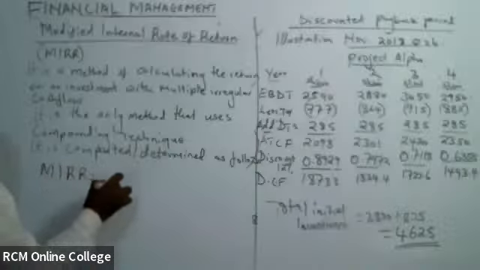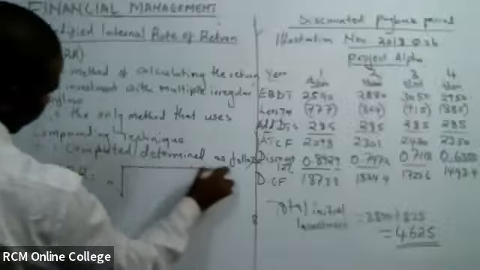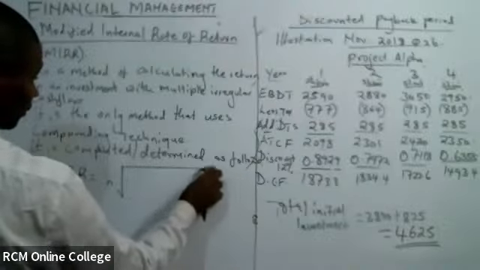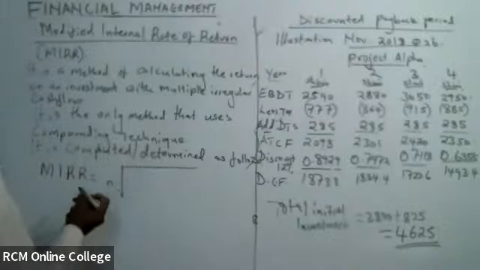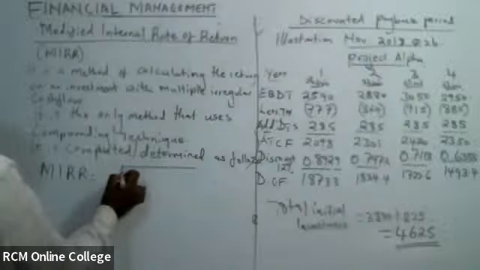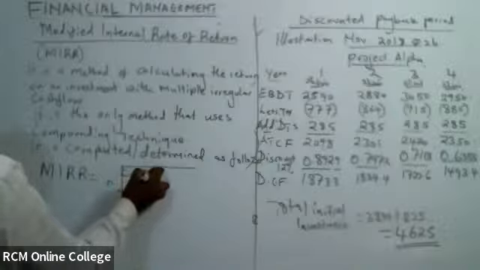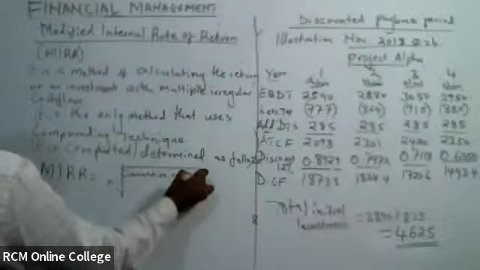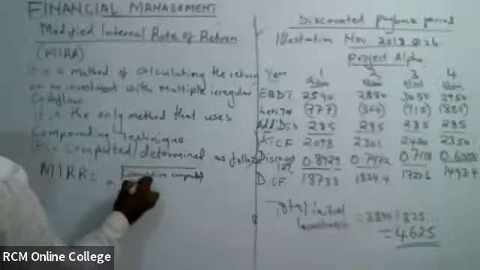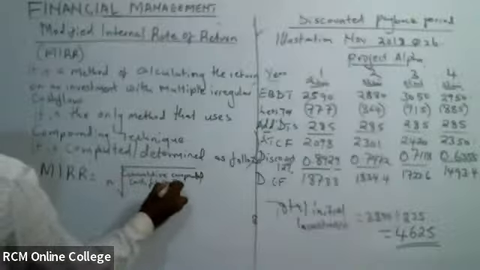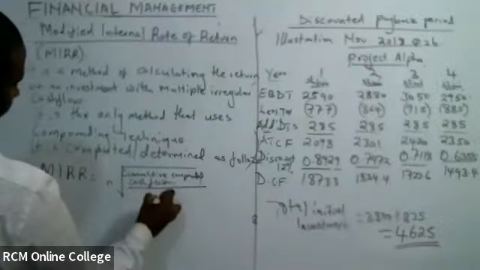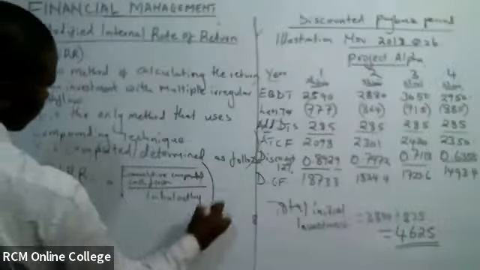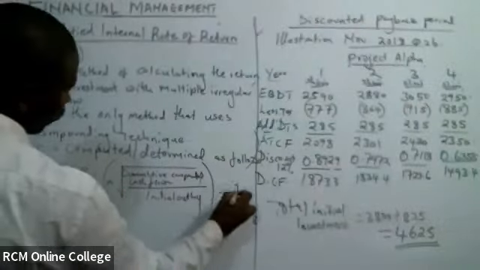It's given by the nth root of the cumulative compounded cash flow divided by the initial outlay, minus 1.